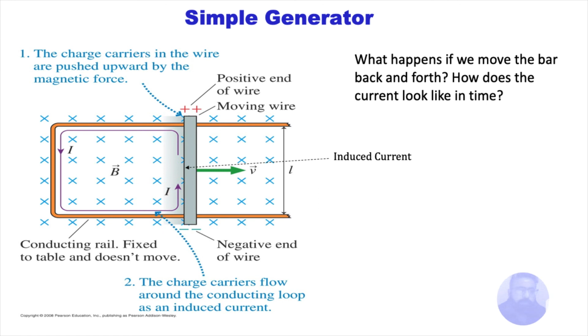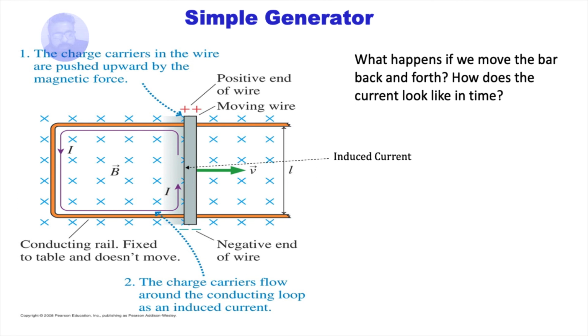So now, by having a magnetic field, we can make a simple generator. What we can do is put up a wire in a U shape, put a metal bar on it and move it back and forth.